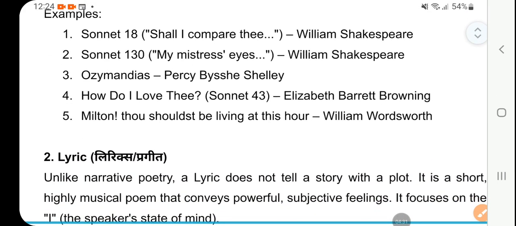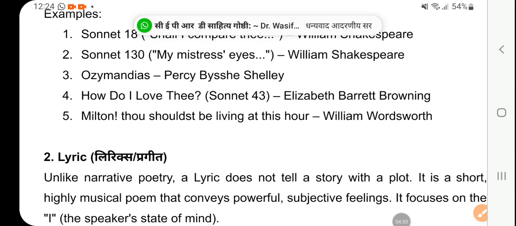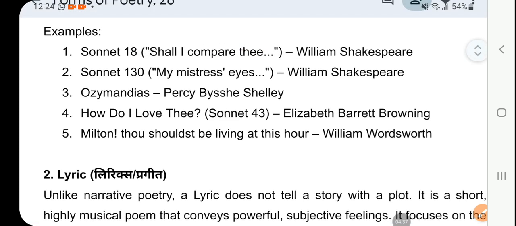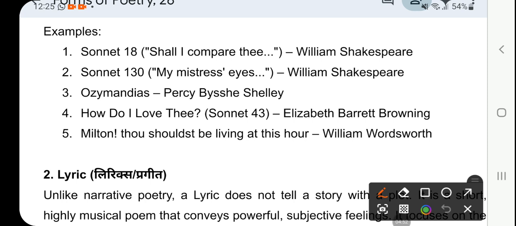Now examples. Examples are Sonnet 18, Shall I Compare Thee. You have to give examples. If you give more and more examples for any answer, then it will be more scoring, right? So please remember all 5 examples, right? Sonnet 18.